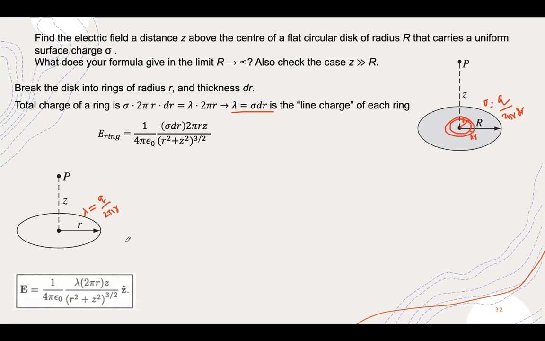Substitute this value: E ring is given as this, where instead of lambda I substituted sigma times dr, and all the other expressions are the same.